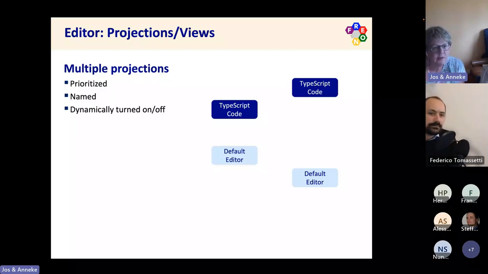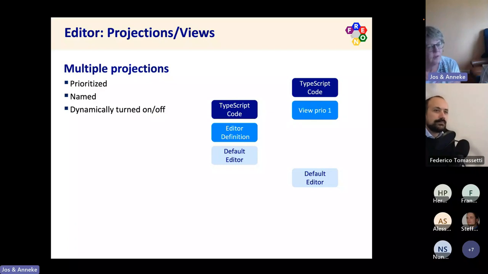When we look at the three-stack architecture again, you have the default layer, which is always the lowest, and the custom TypeScript code, which is always the highest layer. But the editor definition itself can be divided into multiple projections.